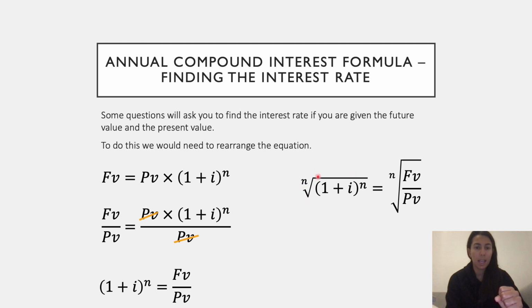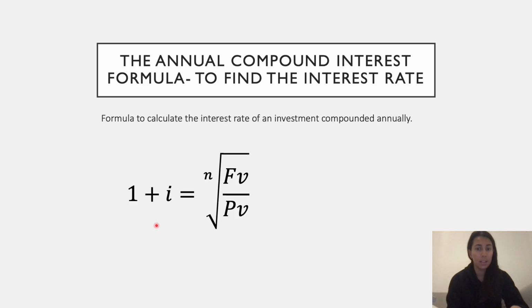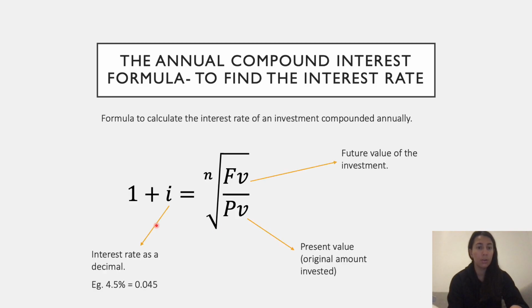We're going to take the nth root on both sides. Again, this is going to cancel out, because like when you square something and take the square root, they cancel out. So then we're left with 1 plus i equals the nth root of the future value divided by the present value. You've got all your variables here.